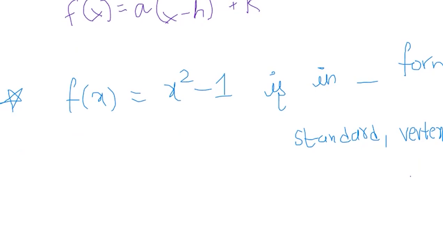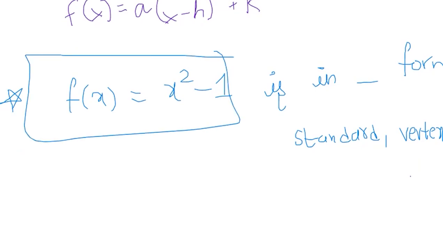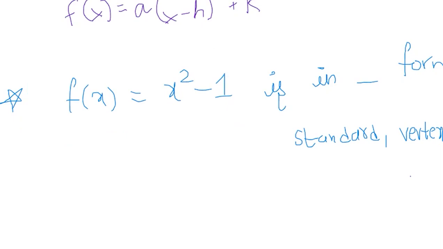Okay, let's say find the coordinate of the vertex for this. The vertex is 0, -1. And what is the value of a?